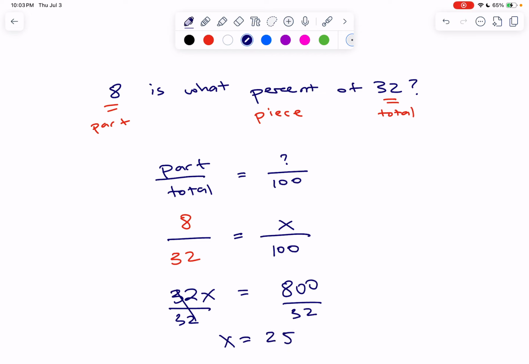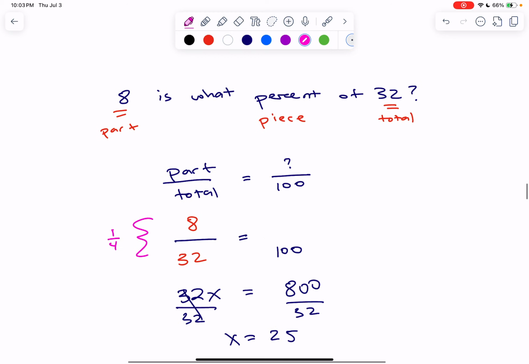Which makes sense if you think about it, because remember, this reduced to 1 over 4. 1 over 4 is just a fourth of the total of 100, and 1/4 of 100 is 25. So we would say 8 out of 32 is the same as 25 out of 100.